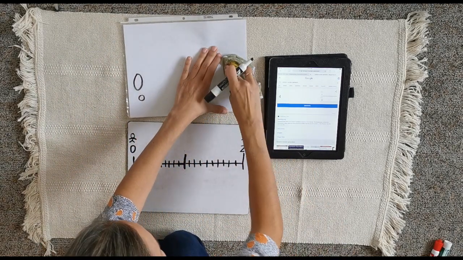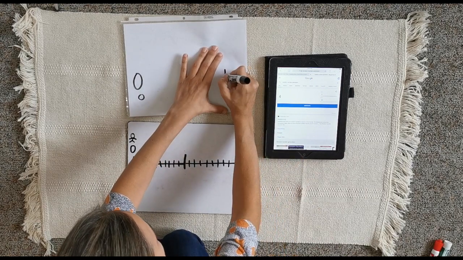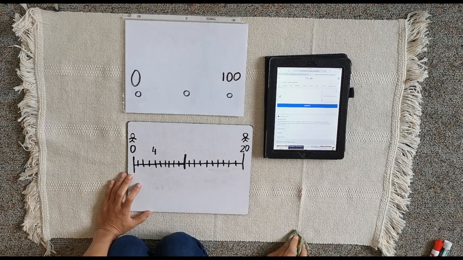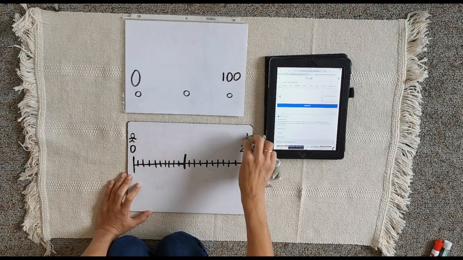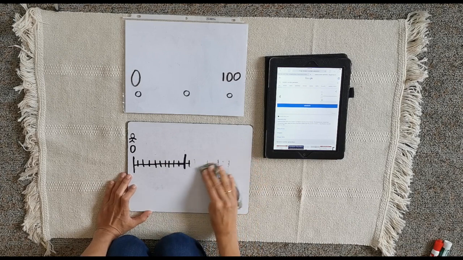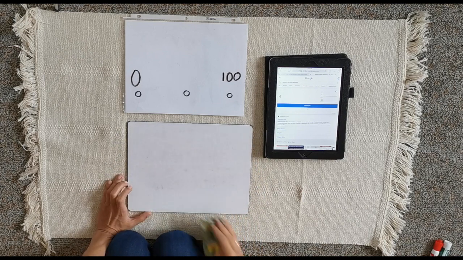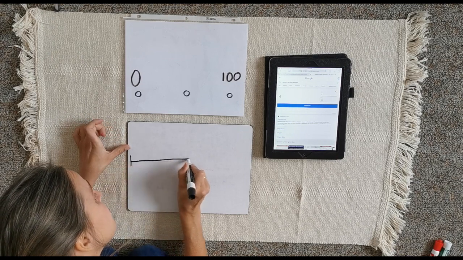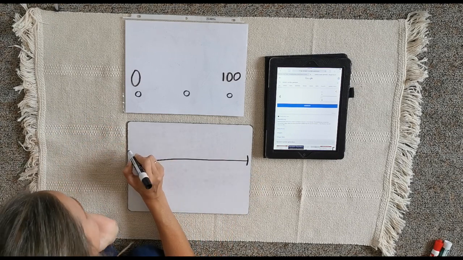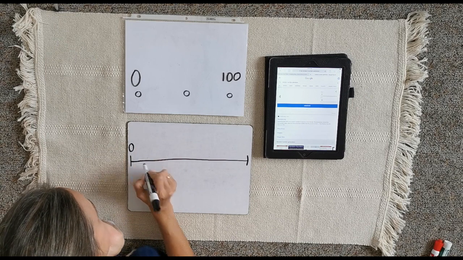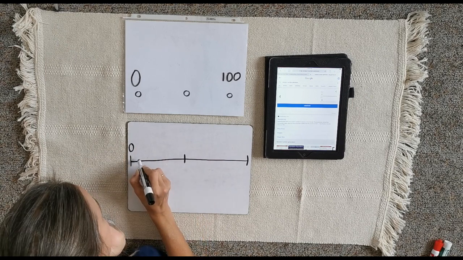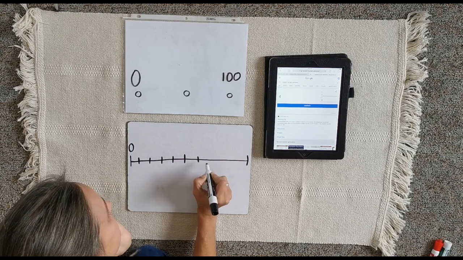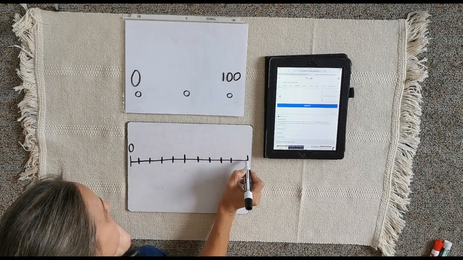So not 20 anymore, but 100. And I need to draw my number line. You know, I'm not ready to draw 100 lines, but I can use a number line counting by tens. I'm gonna explain to you. This is 0. 1, 2, 3, 4, 5, 6, 7, 8, 9, 10. Vale.